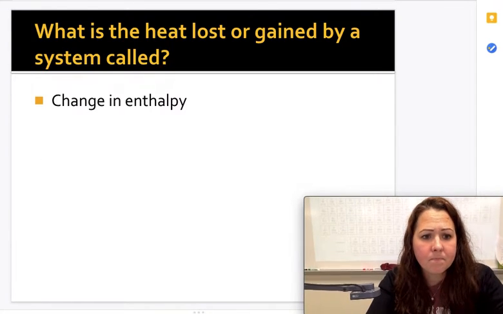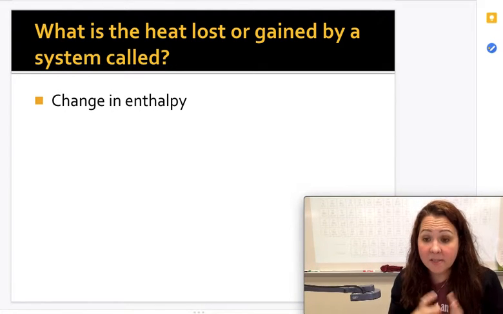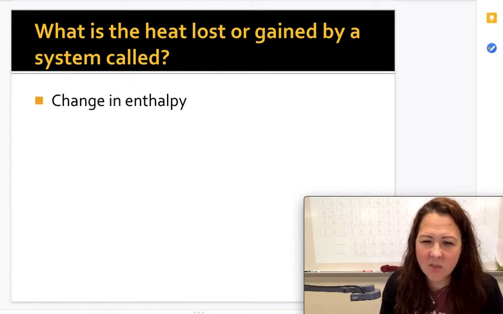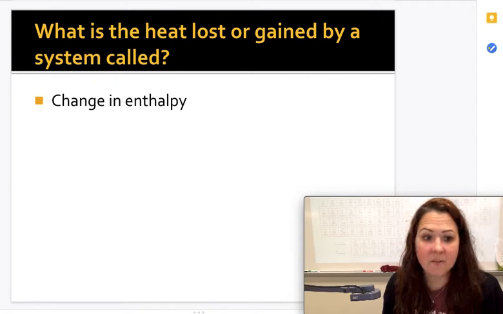So with the endothermic versus exothermic, when heat is absorbed or heat is lost in the reaction overall, that's called a change in enthalpy. Enthalpy is a fancy way of saying heat, basically, but it's the heat content in a system.